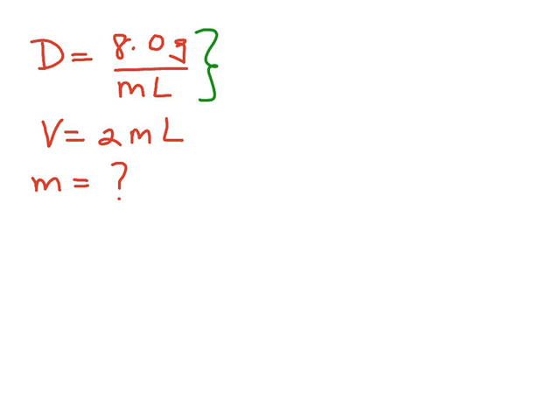The density means that if you have a sample size of 1 milliliter, because the denominator, per milliliter, means 1 milliliter in size, and a milliliter is a cubic centimeter, if you put that sample on a balance, it's going to register a mass of 8 grams.